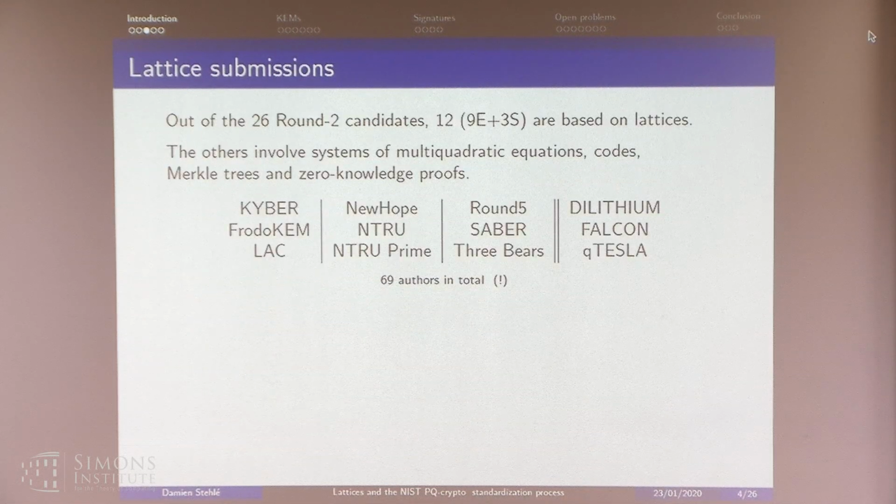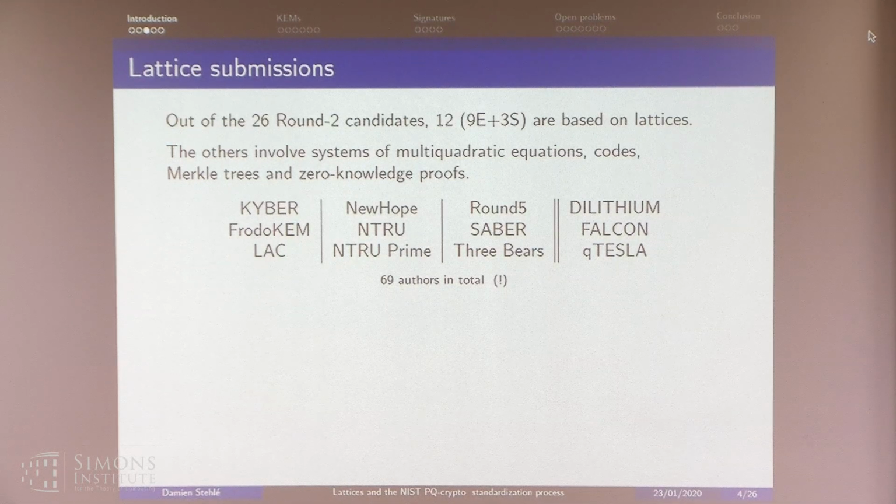Okay, so let's move to lattice submissions. Out of the 26 round 2 candidates, 12 are based on lattices, so almost half. And 9 KEMs, 3 signatures. I've given the list. The other schemes involve multivariate quadratic equations, code-based crypto, Merkle trees, hash functions, zero-knowledge proofs.